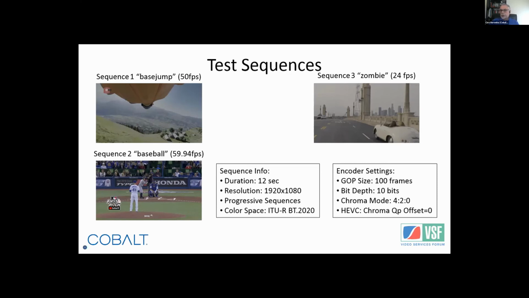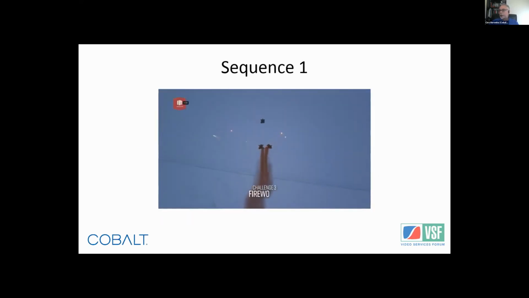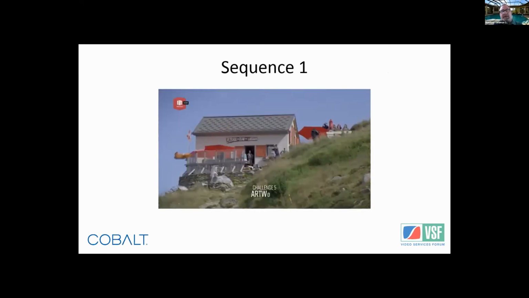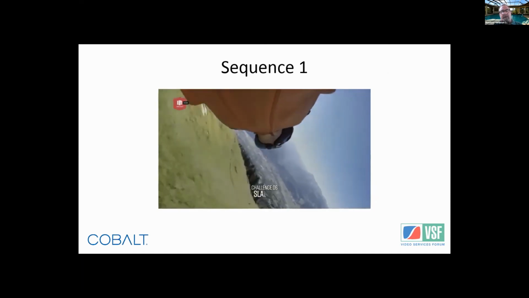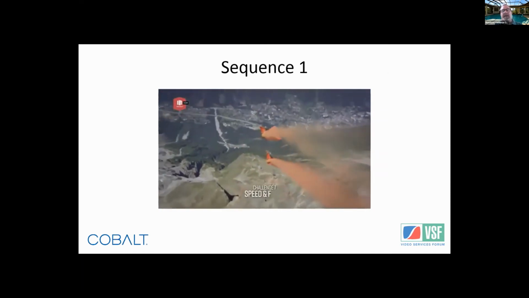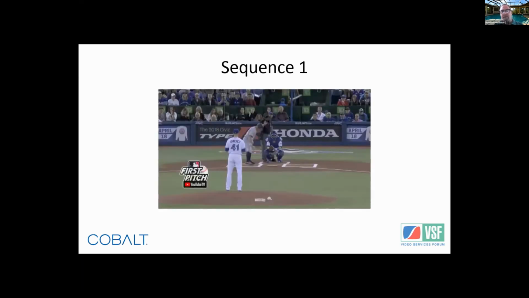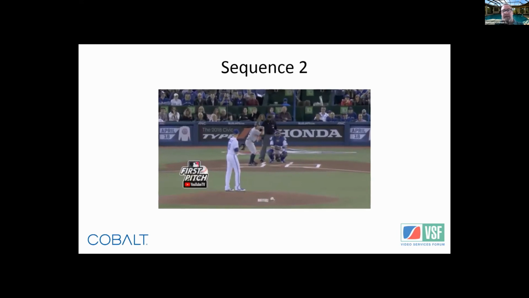Okay, so let's take a look at the sequences. I'm going to play them for you. They are short, 12-second sequences. I want to point out, as the sequence is playing, that the SDR version of this is in the Ultra HD color space, and it's 10 bits, so it's not backwards compatible SDR that you can display on an existing non-HDR monitor.